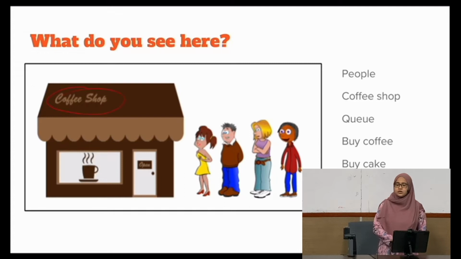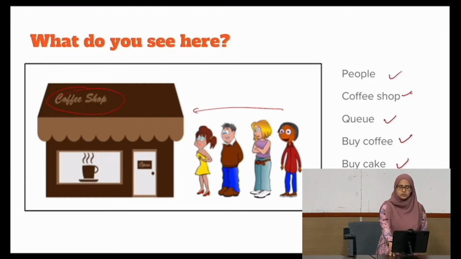For what reason do you think they are queuing? And of course, they are there to buy coffee and cake. So that's the coffee shop, and a few people just queuing outside of the coffee shop, intending to buy the coffee and cake.